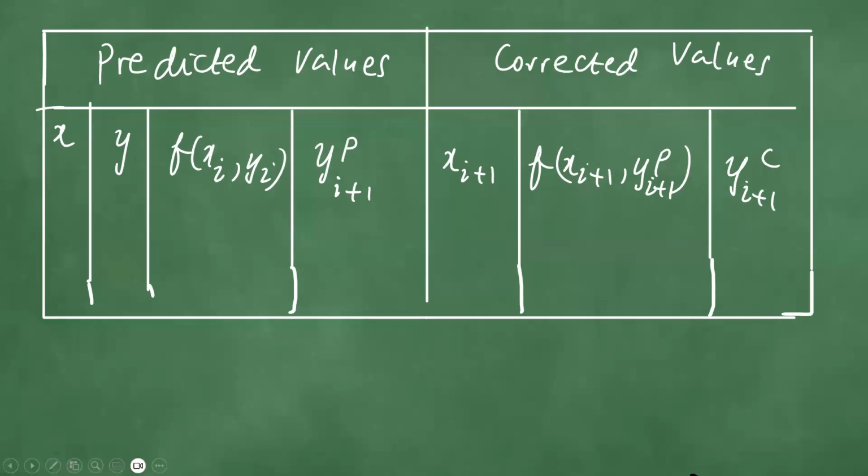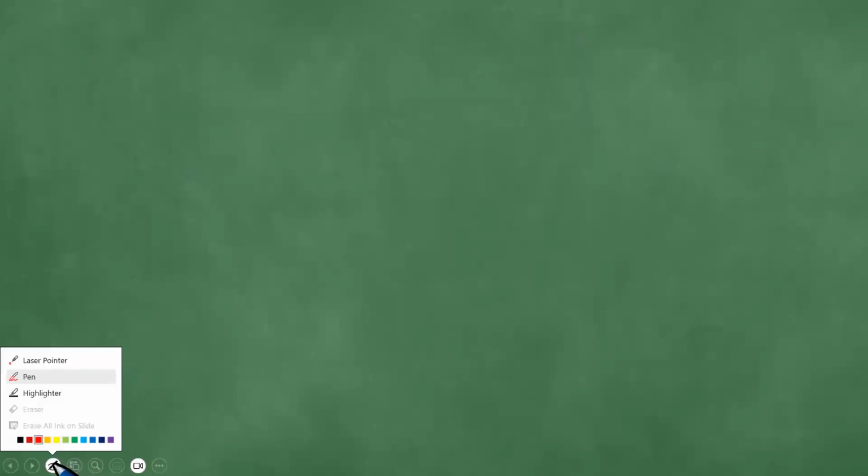We're going to have the predictor values where we have the x, the y, the f(x_i, y_i), the predictor value, and x_(i+1), which becomes the next one. We're going to see how that works with examples. Let's mention the notion of the predictor and the corrector methods here.